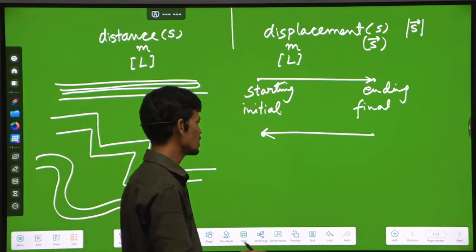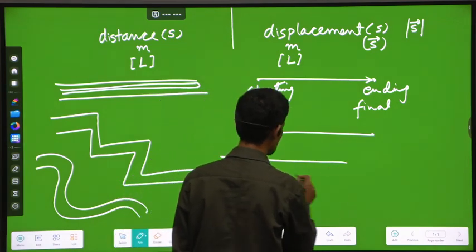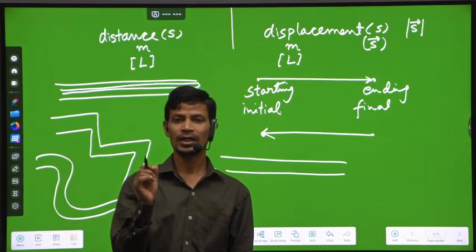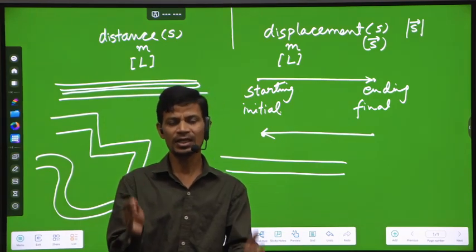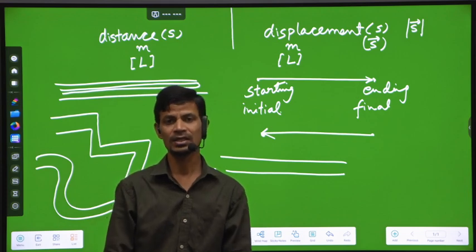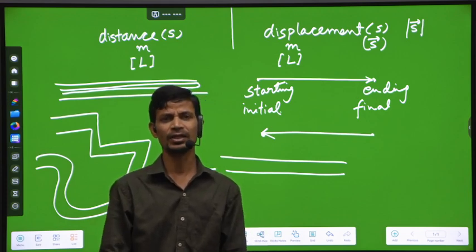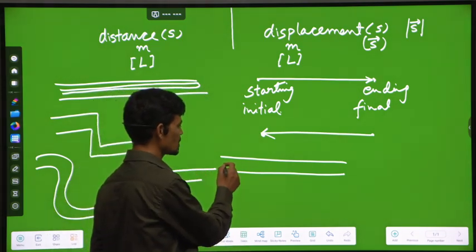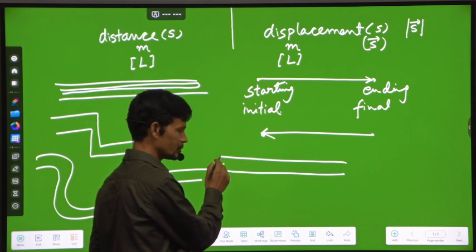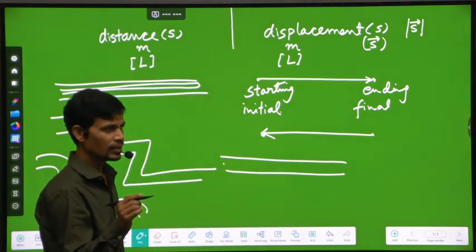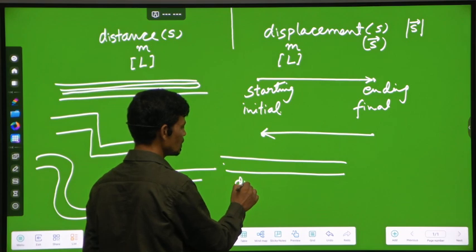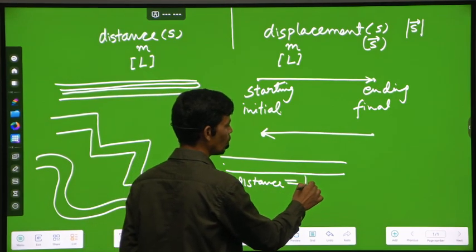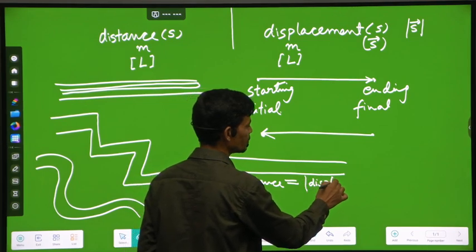Sometimes people say that if motion is taking place in a straight line, then distance and displacement are both the same. It is conditionally correct, otherwise it is an incorrect, incomplete statement. If motion takes place in a straight line in one direction, then distance is equal to mod of displacement.